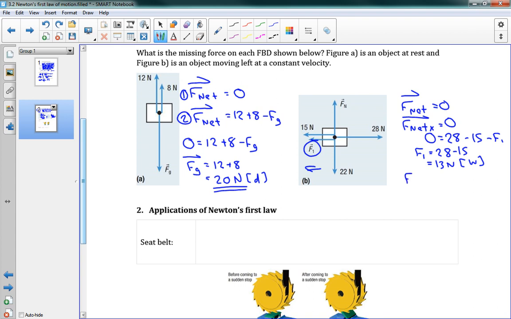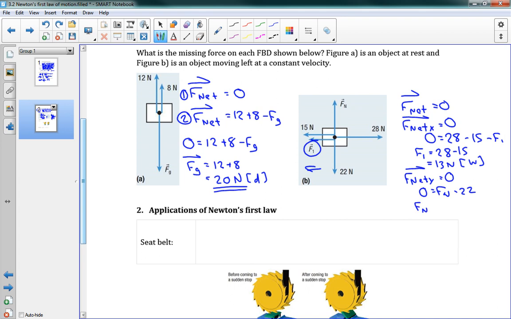Okay, and now we want to do F net y, our vertical components, and so we can add up these. We know that they need to add up to 0 as well. So our net force is equal to 0, and it's also equal to Fn upwards minus 22.